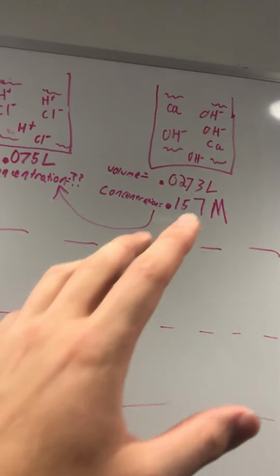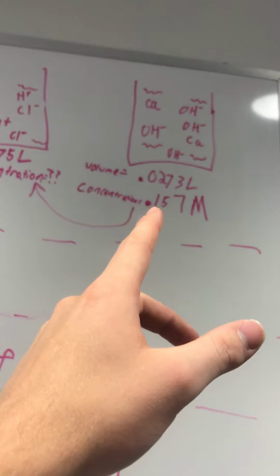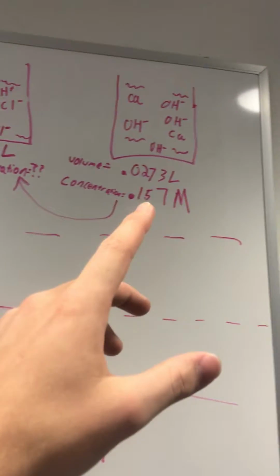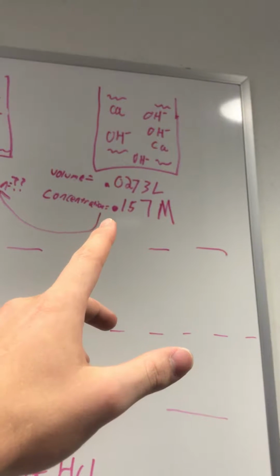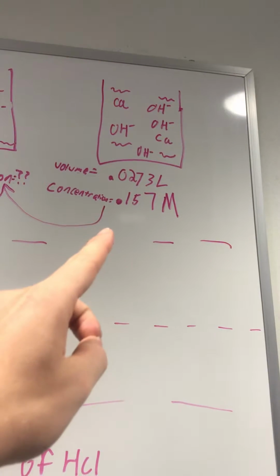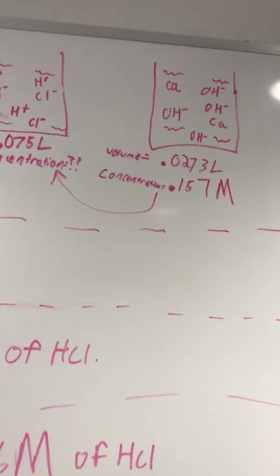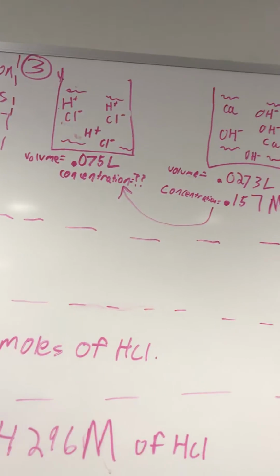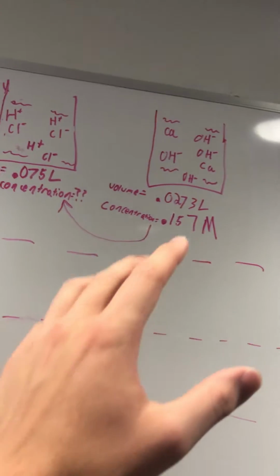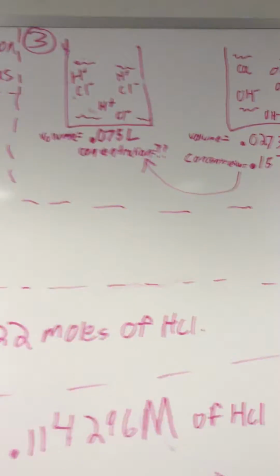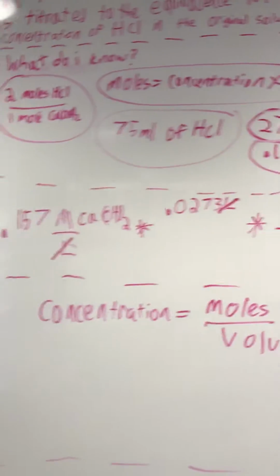It's titrated, which means that this solution will completely react with this solution. You see the volume is 0.0273 liters and the concentration is 0.157 molarity. So with the picture having been drawn, you understand what's happening, which is basically that these are going to totally react with these. Now you have to look at what you know.